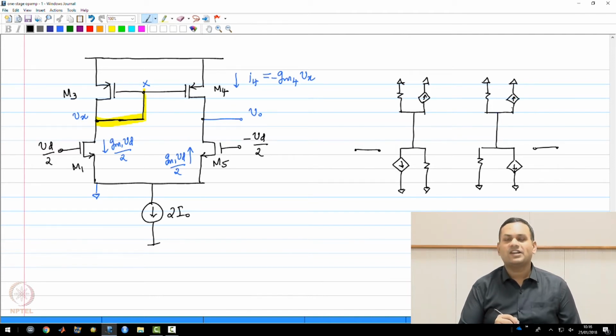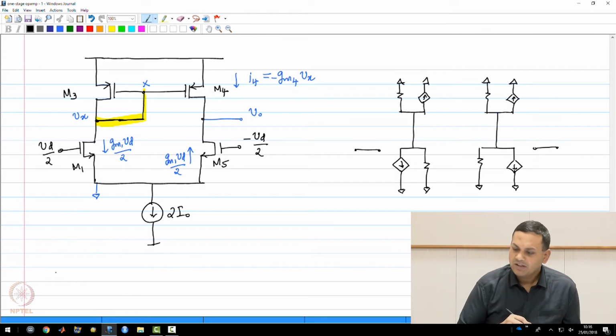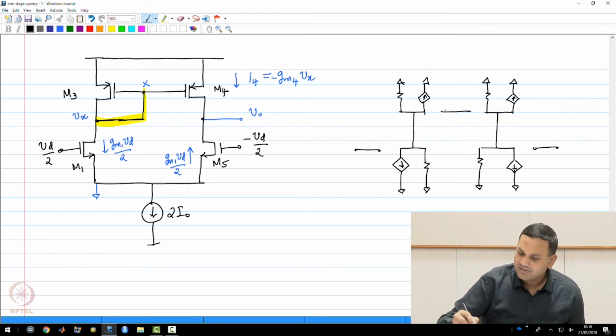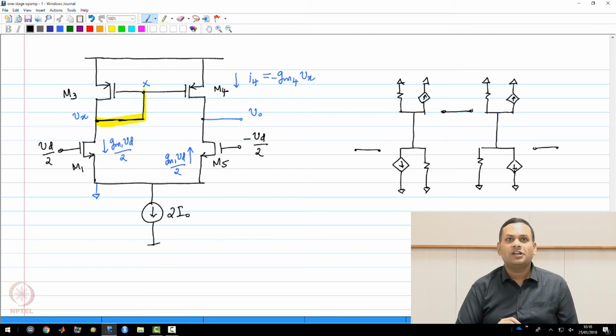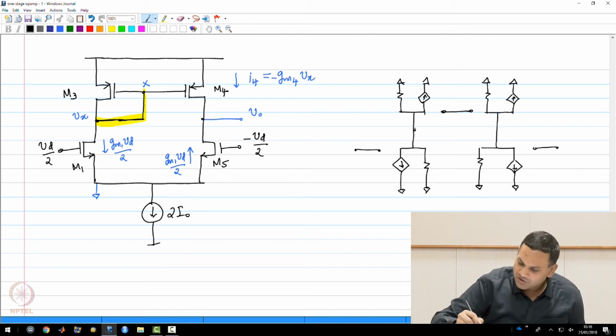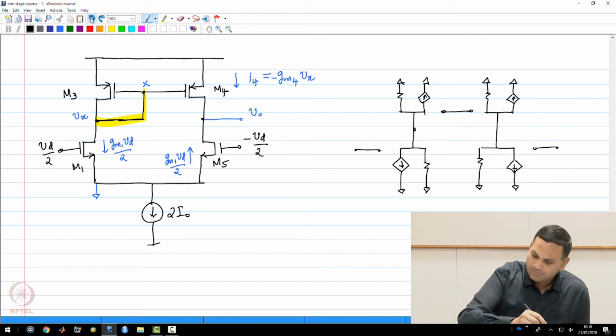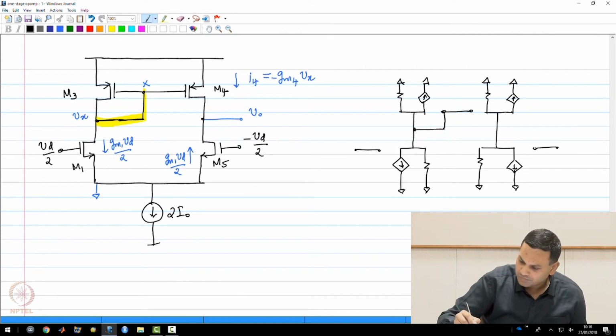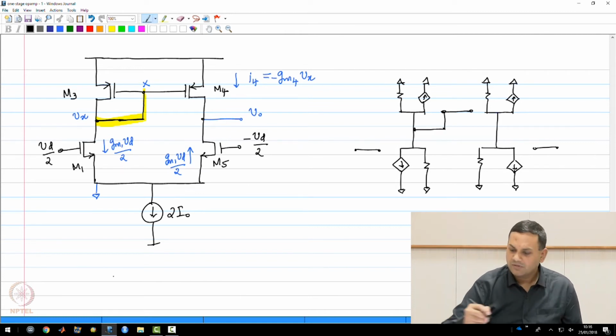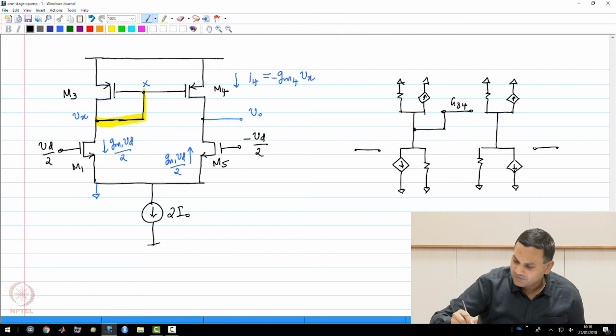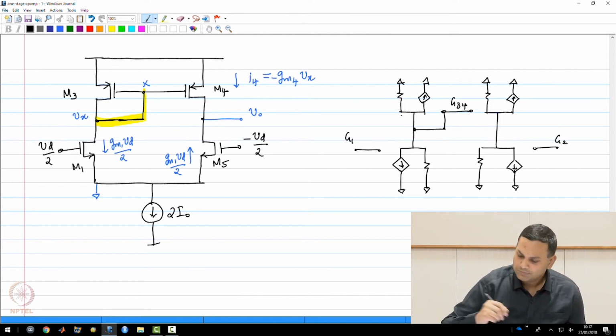This is the small signal equivalent circuit for the 4 transistors, with the additional condition that the common gate terminal of M3 and M4 are shorted to this drain. Okay, so this is G34, this is G1, and this is G2.